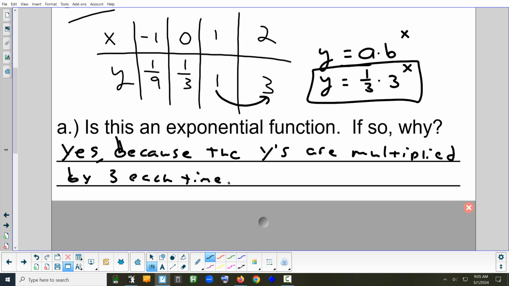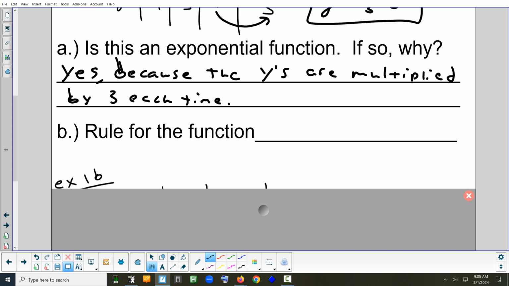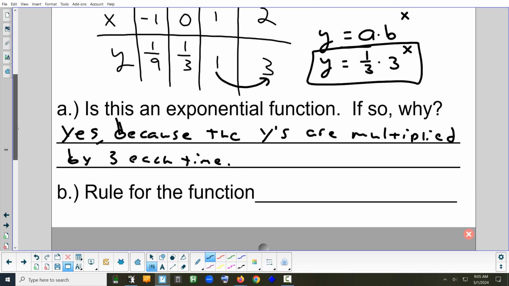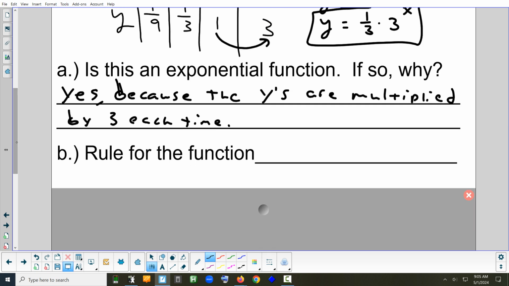That's the reason. And then the rule, well, we already did that. 1/3 times 3 to the x. We just did it up above.